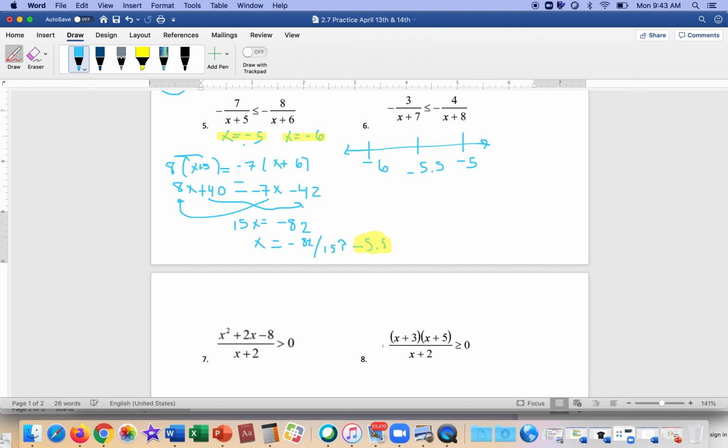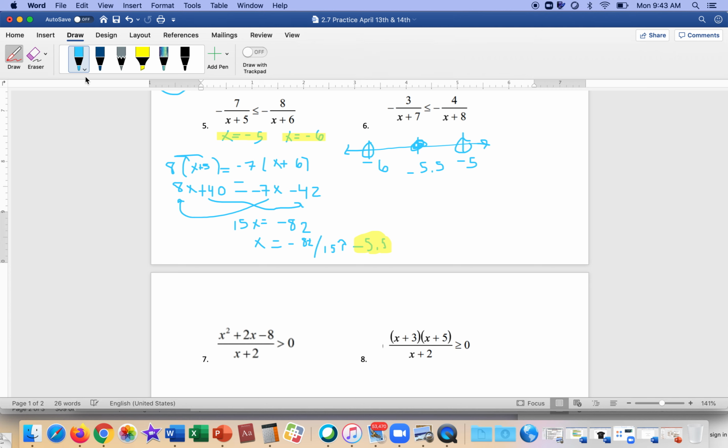Okay, the denominators are always going to be open circles because those would be undefined values. So we know we're going to save time, open circle, open circle. Now, when you solve the equation, whatever you got, you can look at your symbol. So because it's less than or equal to, I can do a closed circle on negative 5.5.